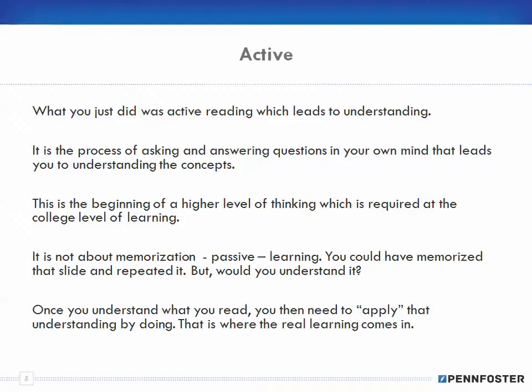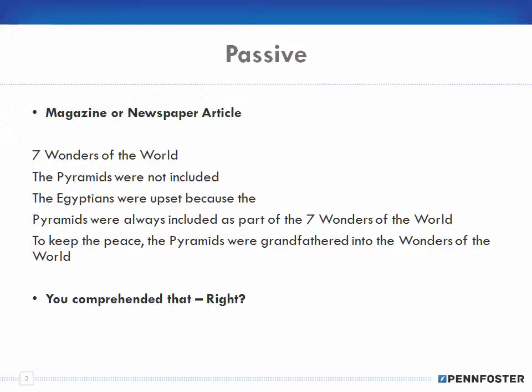So if we go back to that slide, it said seven wonders of the world, and the pyramids were not included. The Egyptians were upset. The pyramids always were included in the seven wonders of the world. To keep the peace, the pyramids were grandfathered into the wonders of the world.